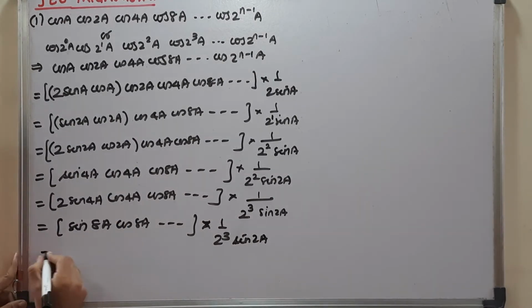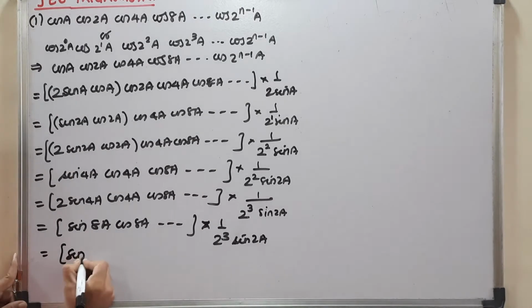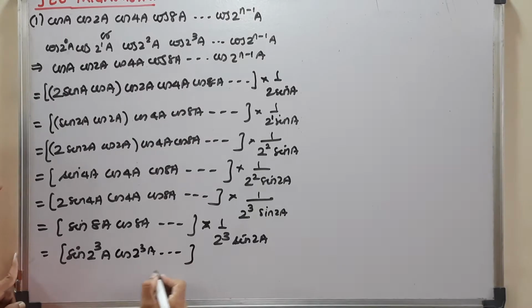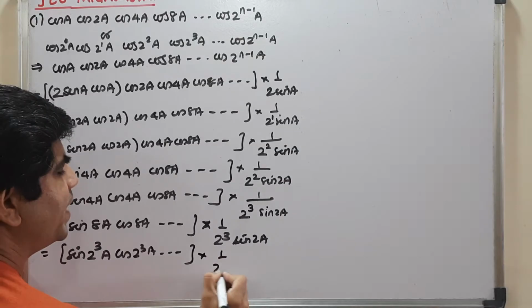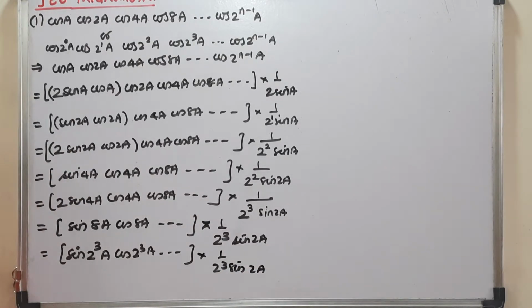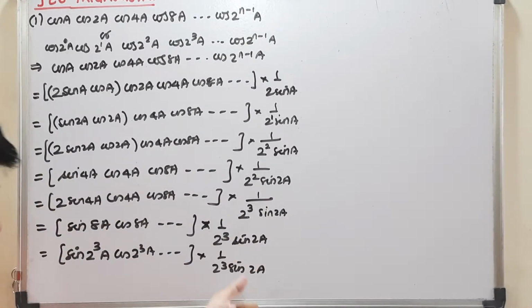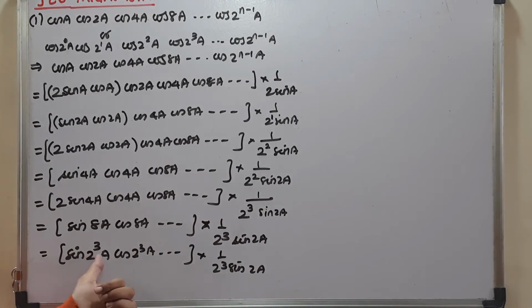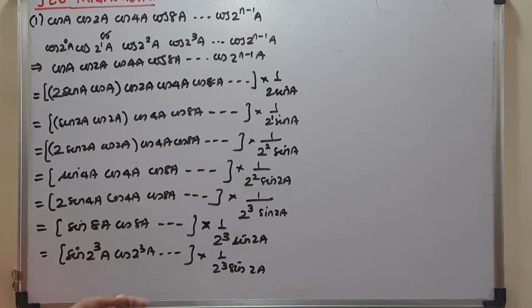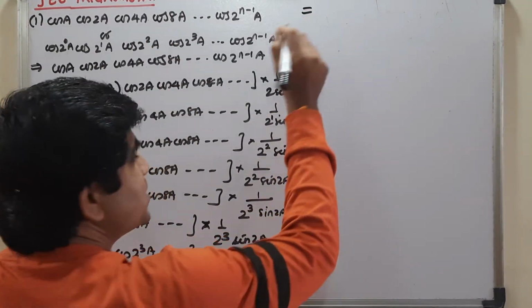Let me write this also in this way, so I will understand how to relate it. This will be 2 cube A, cos of 2 cube A, dot dot dot, into 1 by 2 cube sin 2A. When I go to 4, this also will become 4, this also will become 4. When I go to 5, this will become 5, this will become 5.